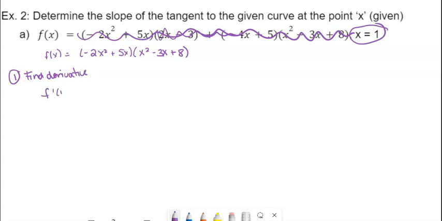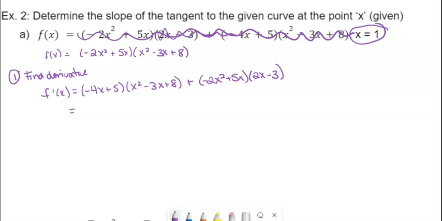Okay, so I'm going to take f of x. I'm going to take the derivative of the first, keep the second, plus keep the first, derivative of the second. I'm going to multiply this out.